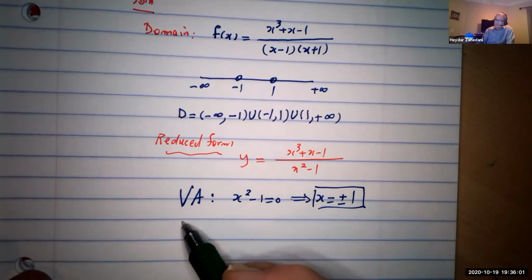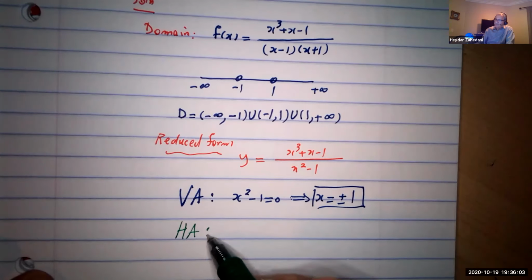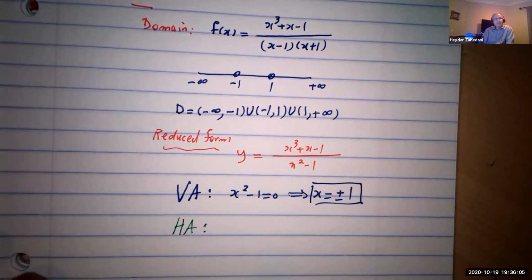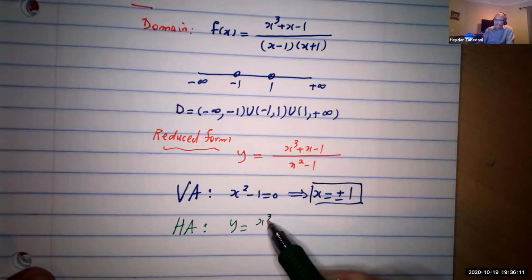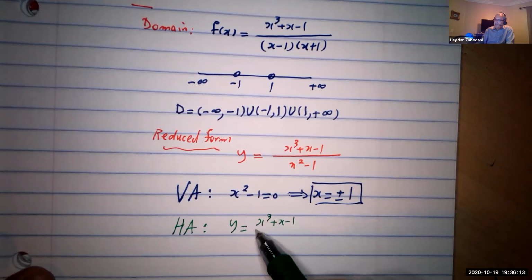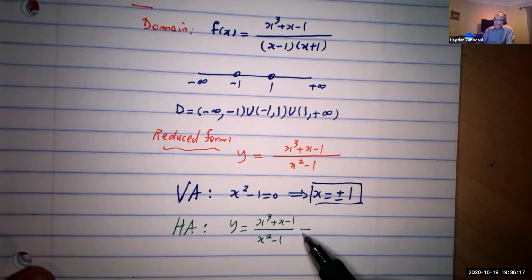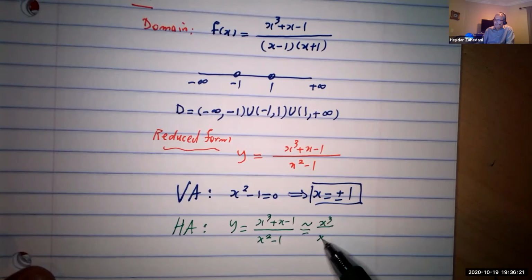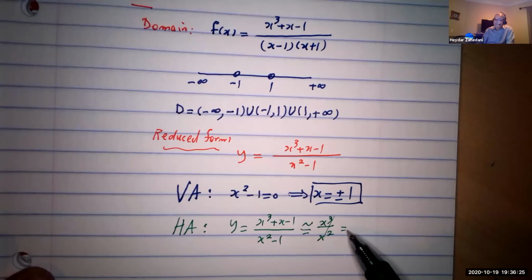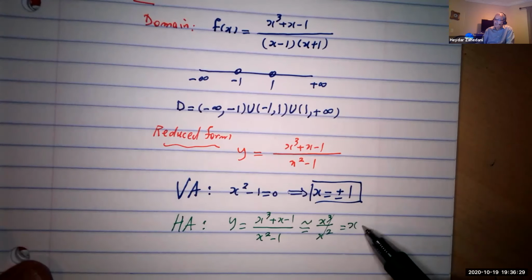Horizontal. You see the degree of the top is higher, so it's going to be leftover on the top. So let's shrink it. It's x cubed plus x minus 1 over x squared minus 1. If you shrink the top, that gives you x cubed. The bottom one gives you x squared. If you simplify it, that gives you x. You see, when x goes to infinity, this goes to infinity too.